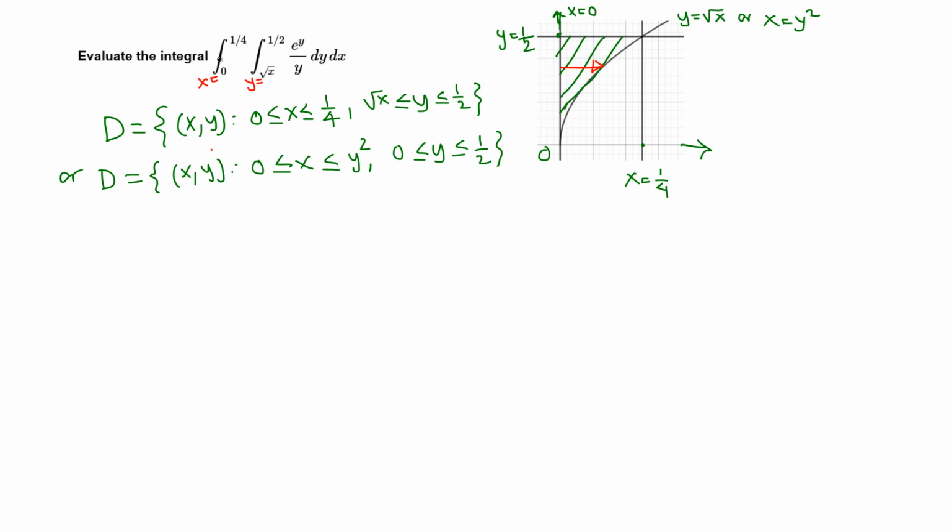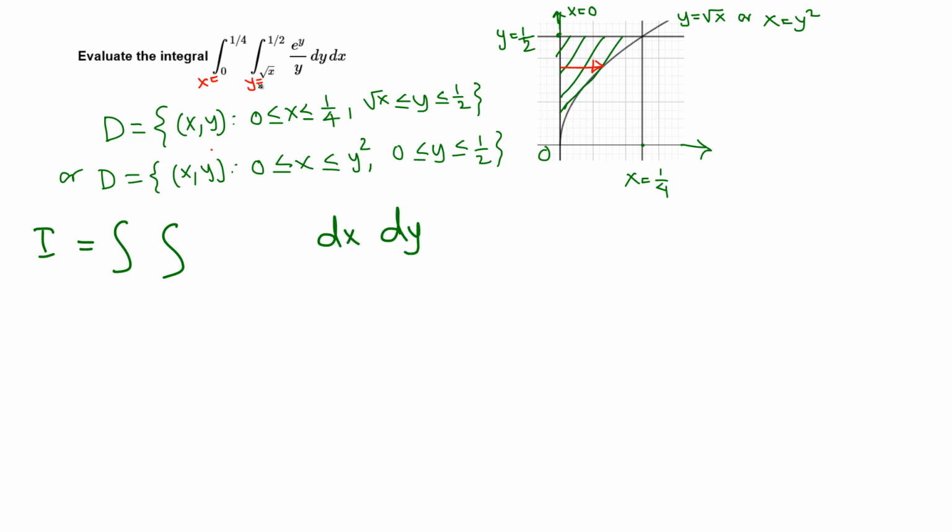So this iterated integral is the same as the integral over D, and this D is this D. Then we can change the order of integration. So this double integral I is the same as doing x first, then y.